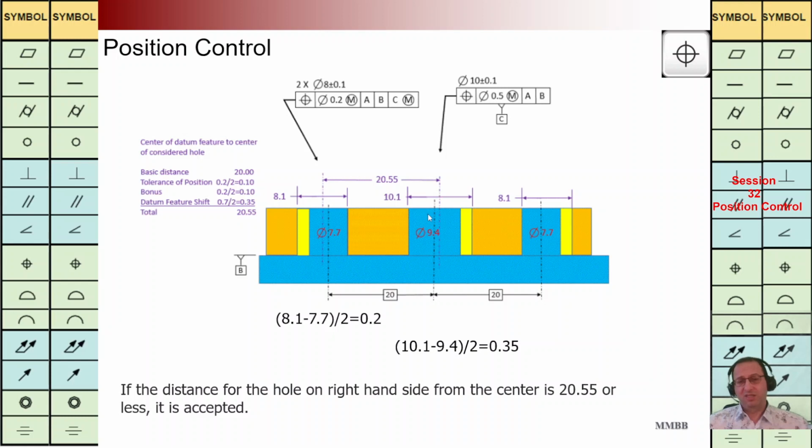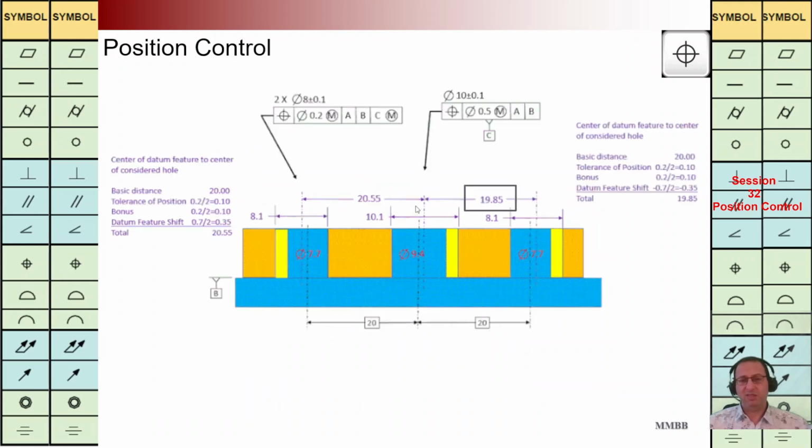It is 10.1 minus 9.4 divided by 2. We can find this distance, and here this 0.2 and 0.35 plus 20 became 20.55. It can be the maximum distance between these two holes. In the same manner, we can calculate what can be this minimum distance between center of this hole and large hole.